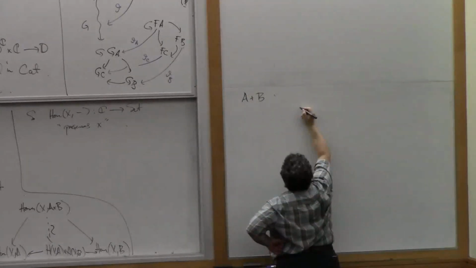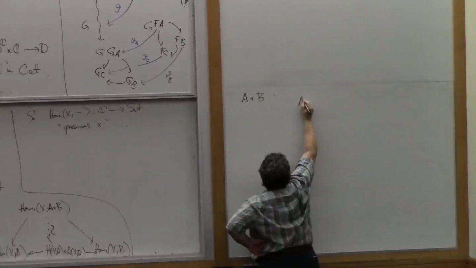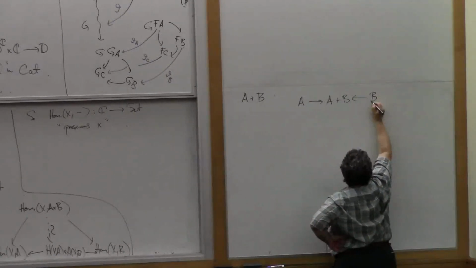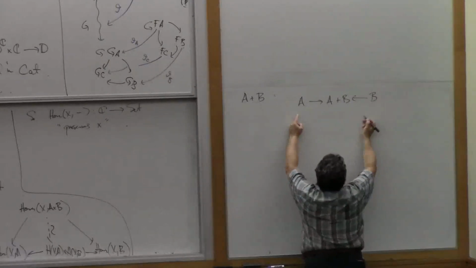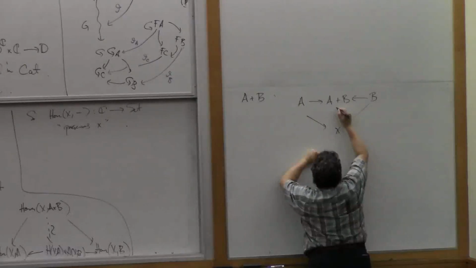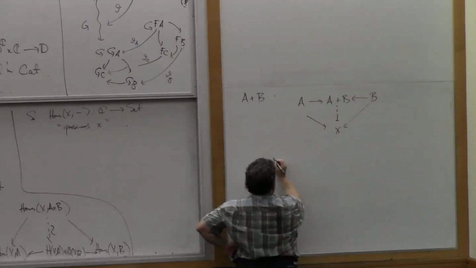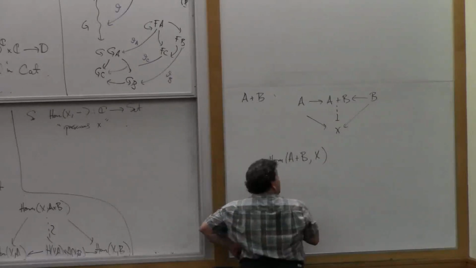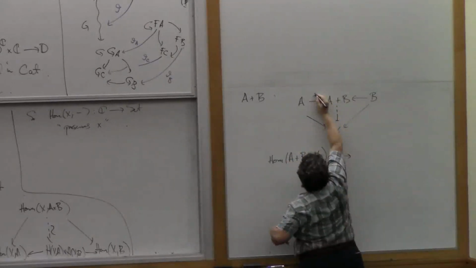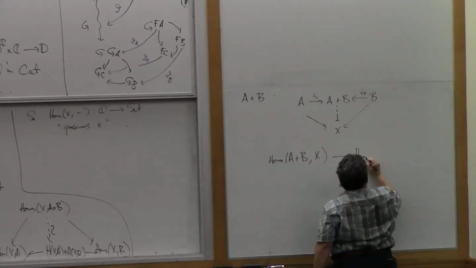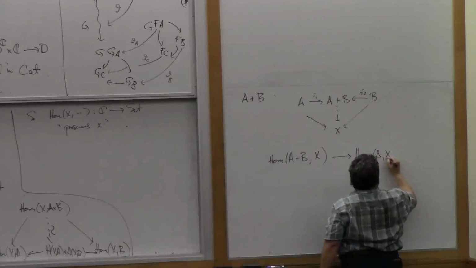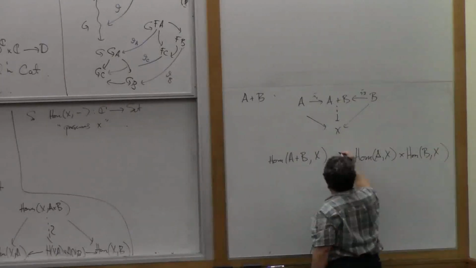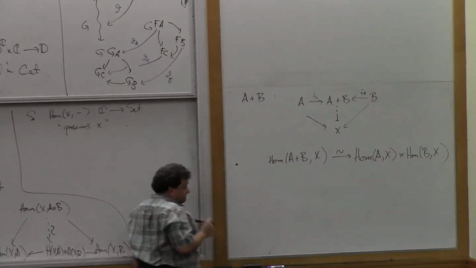You have the maps I1 and I2 into A plus B. Now let's think about what happens when you Hom out of this into some other object X. If I take Hom out of A plus B into X, and compose on the one hand with I1 and on the other hand with I2, I get a pair of maps, one from A into X, and the other from B into X. And the universal mapping property again says that that's an isomorphism.